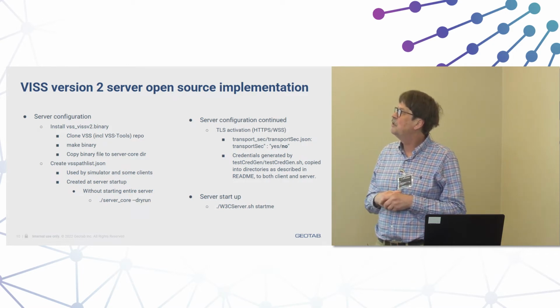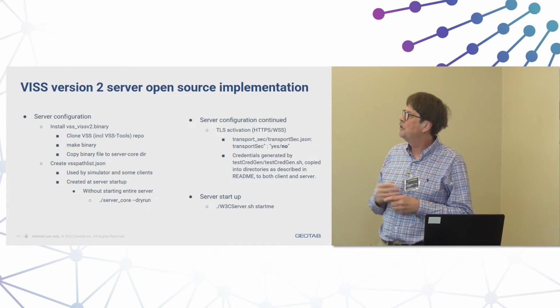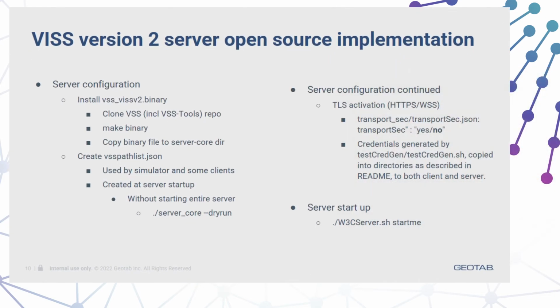To get that file, you have to clone the VSS repo, including the tools parts. Then you run the make binary command, and that produces a .binary file with a different name. So you have to rename it and move it into the server core directory, so that when the server starts up, it finds this file with that name, because it only looks for that name. That needs to be done.